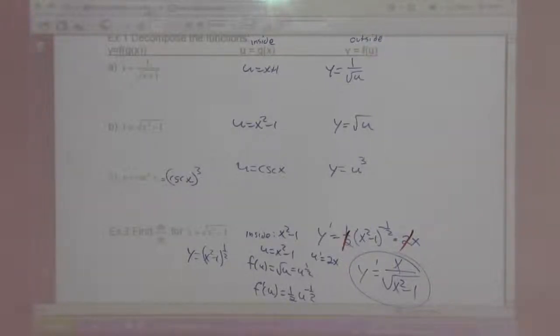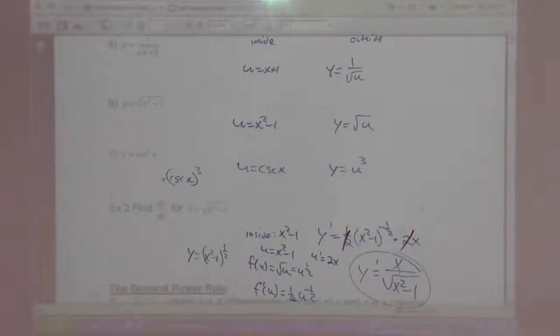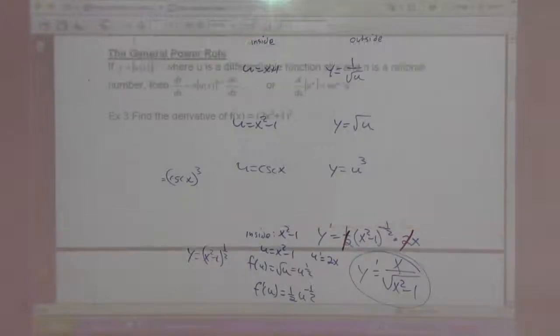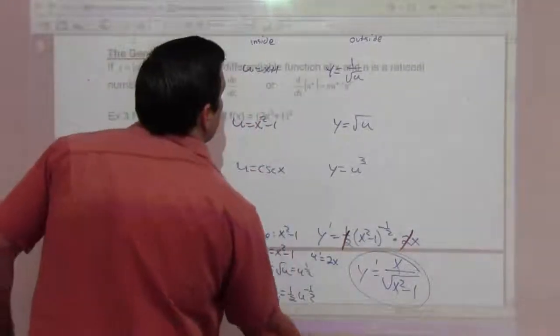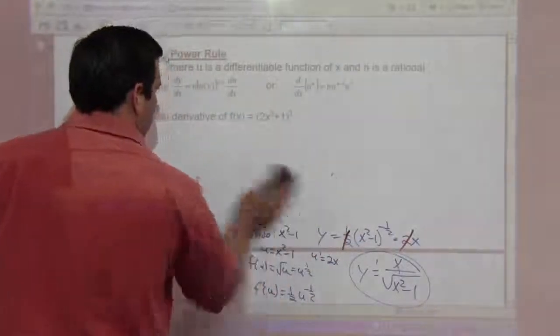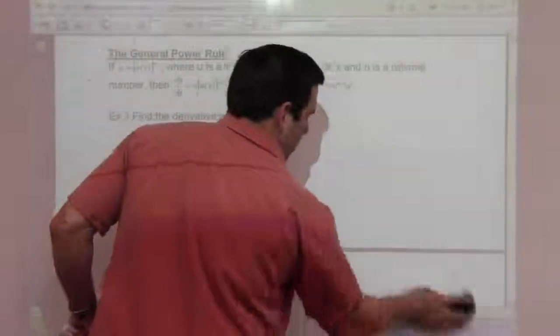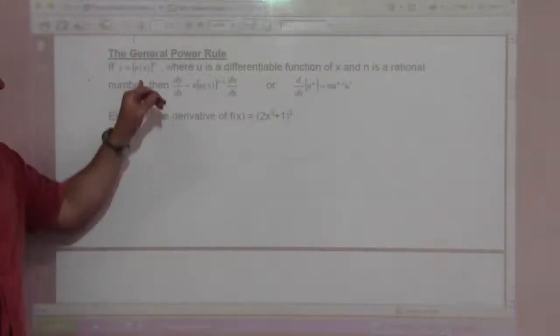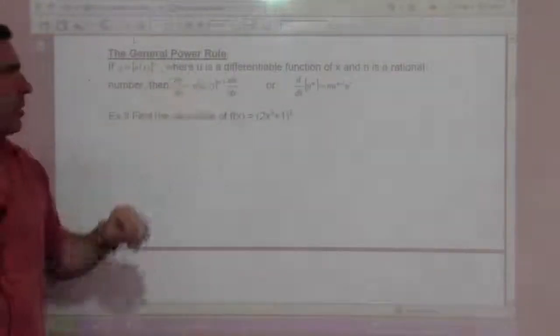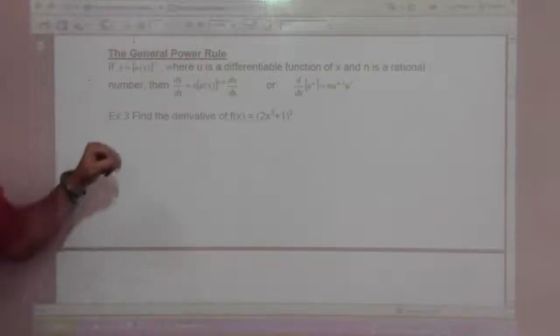Okay, I'm going to go on to the next concept, the general power rule. So the general power rule: y equals u of x to the n power, where u is a differentiable function of x and n is a rational number.